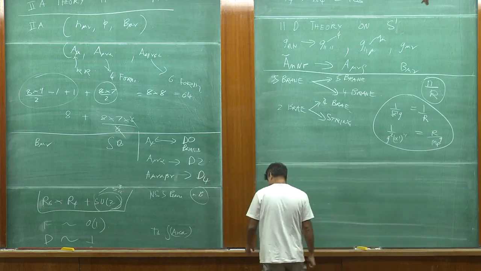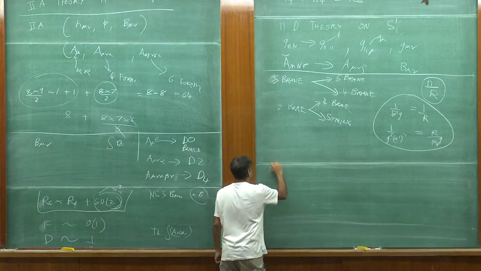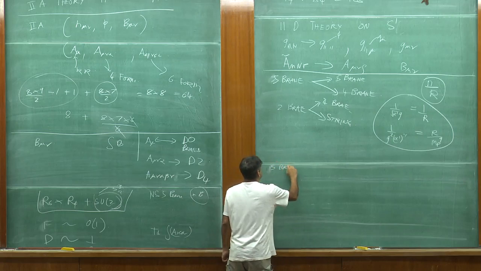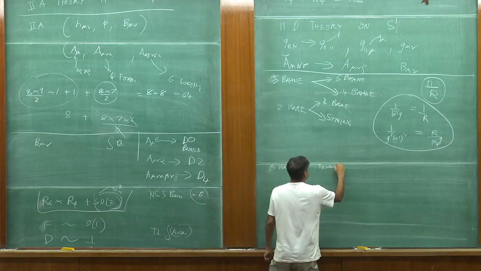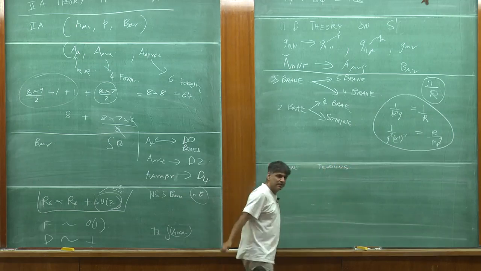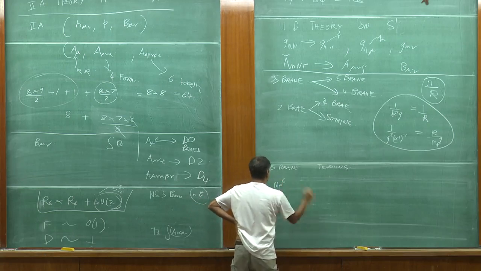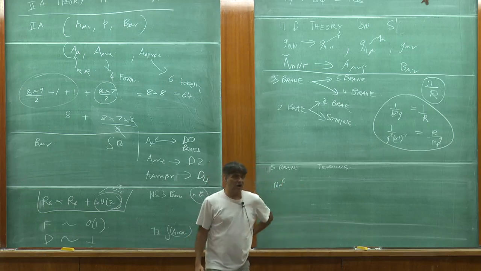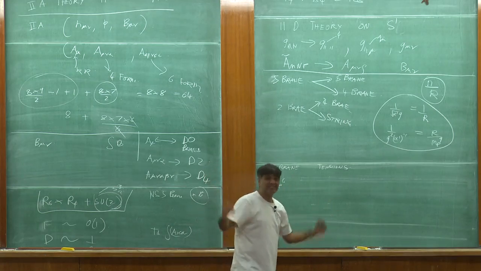Let's first match the 5-brane tensions. The 5-brane tension should be Mp to the power 6 on the M-theory side, because there's nothing else for it to be.